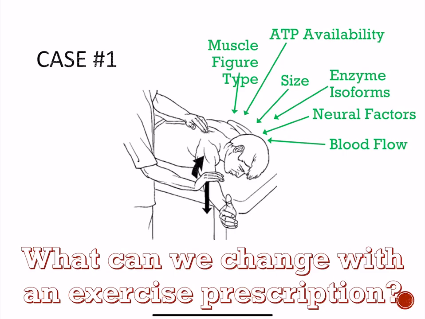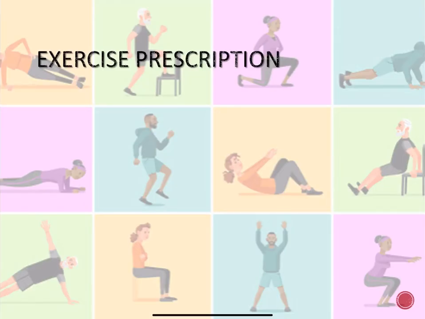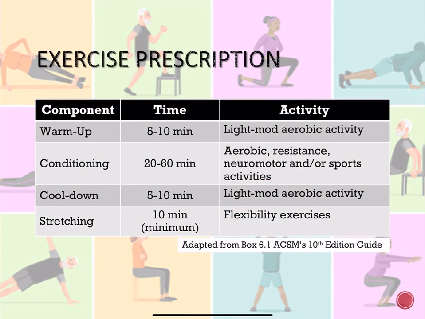So let's now talk about prescribing a very specific exercise to target the problem, to make a difference on this muscular weakness with exercise. This is a very generic description of how you create an exercise prescription, and this is going to be in the framework of almost every prescription that you put together for your patients.